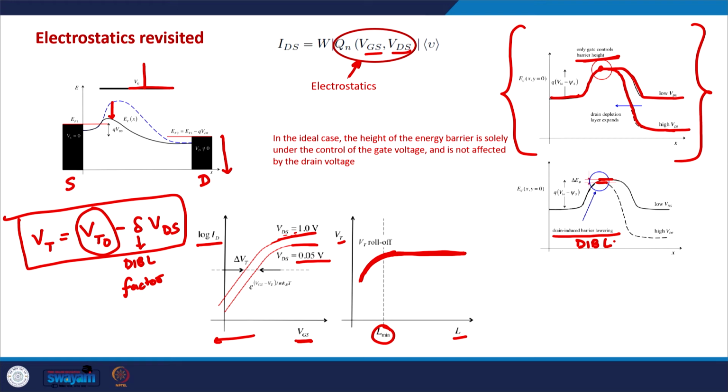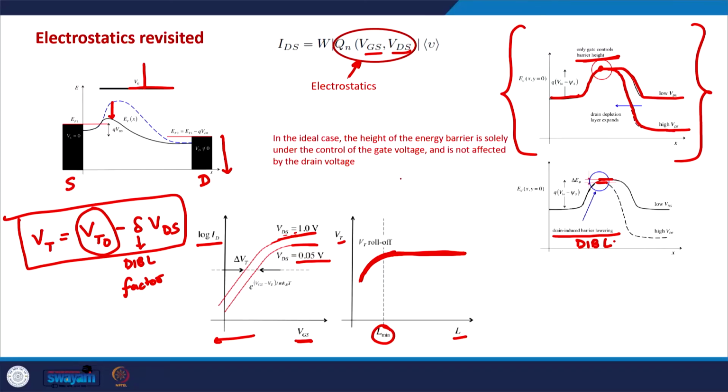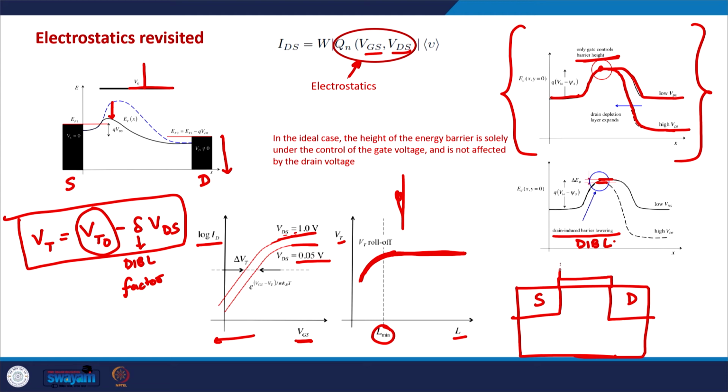There might be other reasons as well, because as soon as we make smaller devices, the depletion regions. So, let me quickly demonstrate it here. This is a typical MOSFET. We have a source, we have a drain, we have an oxide, we have the gate terminal.